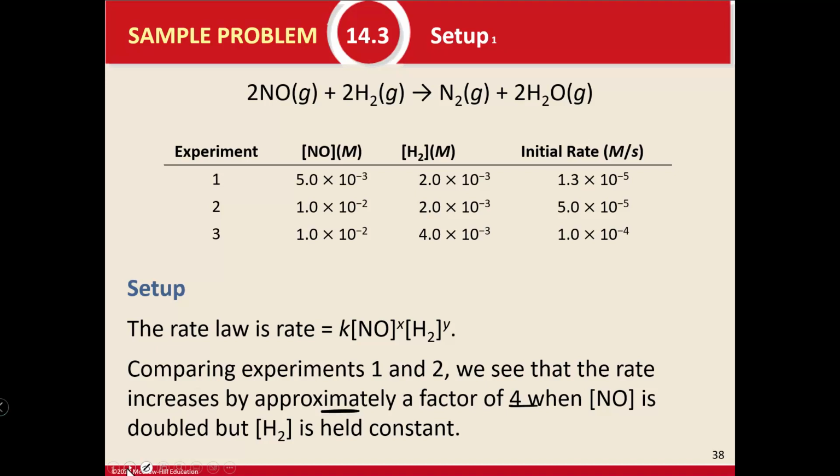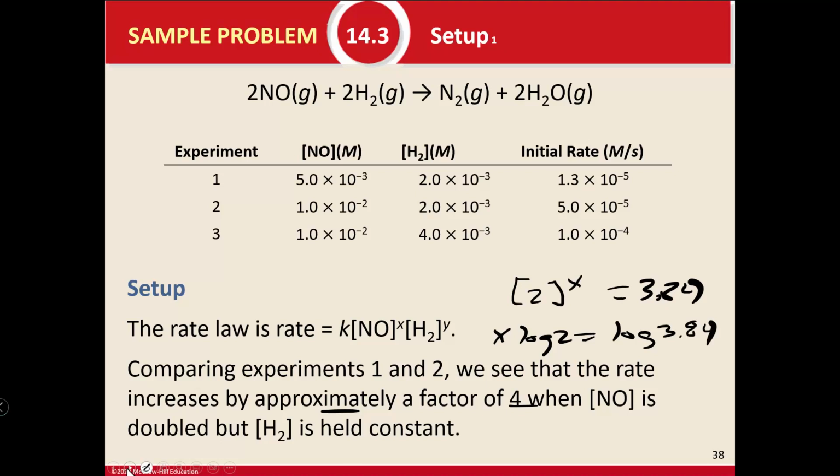So we have 2 raised to the x equals, let's just do that real quickly. What is 5 divided by 1.3? 3.84. All right, 3.84. Then you say, man, that doesn't look good. 3.84, is it 4? So just do this. Take x times the log of 2, divided by, and then over here we have the log of 3.84.